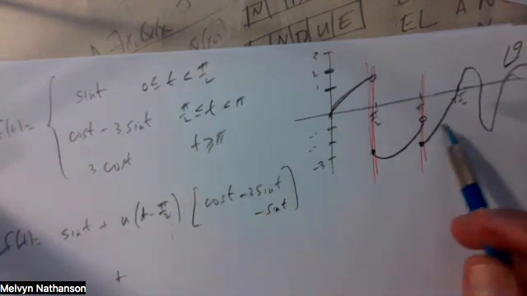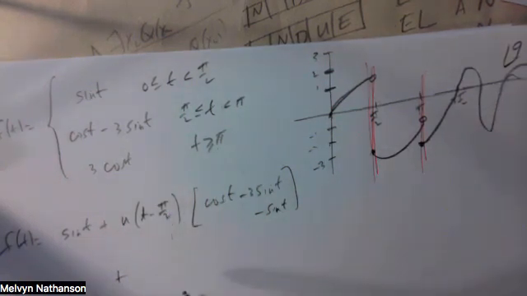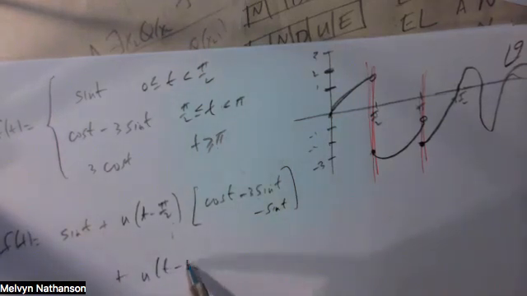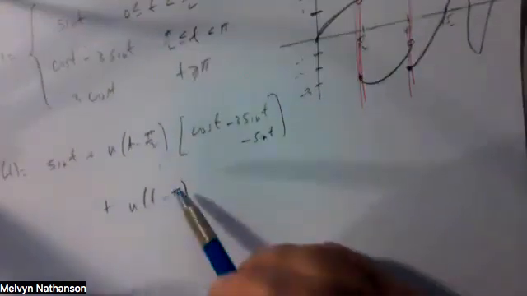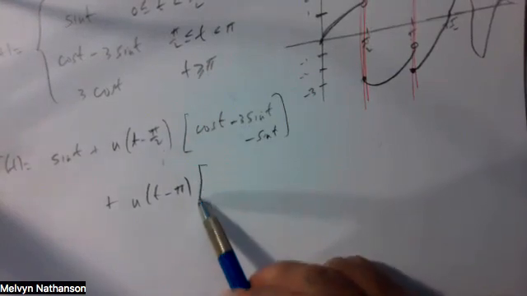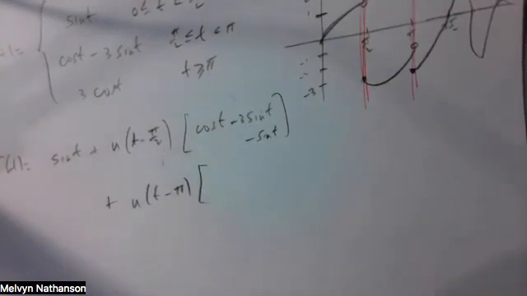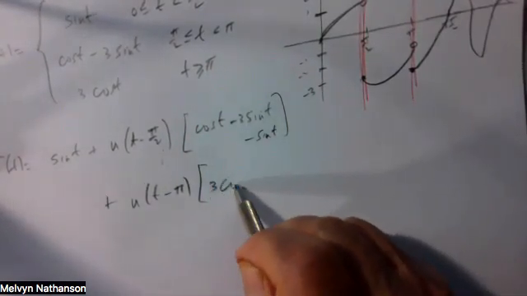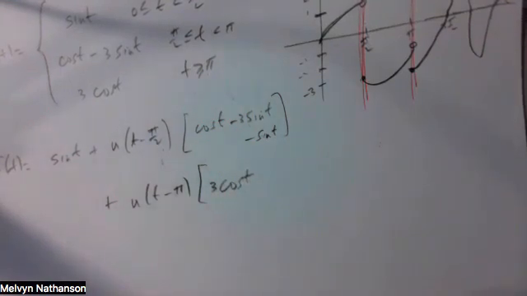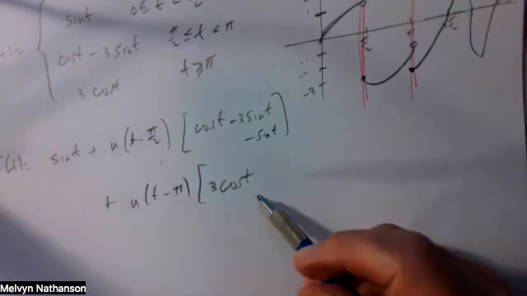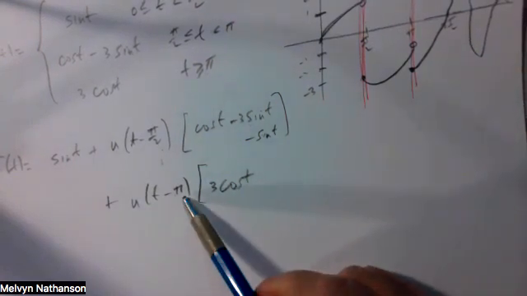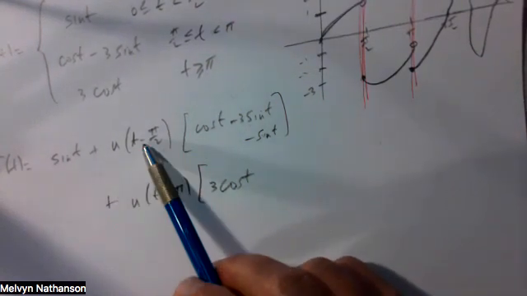And when t is bigger than pi, so u of t minus pi, for t less than pi, this is 0. But when I get to u of t minus pi, I want 3 cosine t, and I want to subtract off everything else, because when t is greater than or equal to pi, these are both 1.